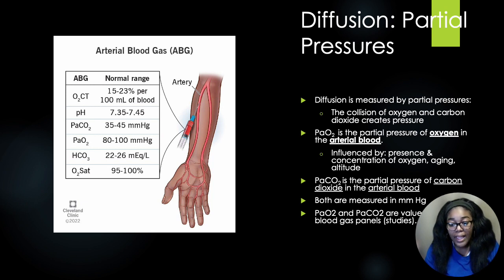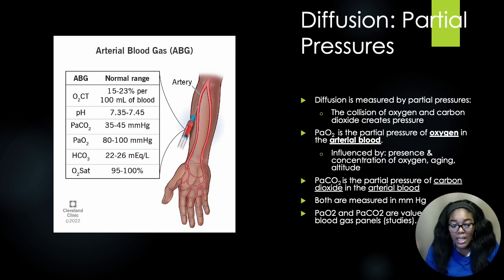So when we look at PaO2, again, this is the partial pressure of oxygen in the arterial blood, versus PaCO2, the partial pressure of carbon dioxide, which is the partial pressure measurement of carbon dioxide in the arterial blood. Again, these values are both measured in millimeters of mercury. You'll normally see these values listed on the arterial blood gas panel, or the ABGs.